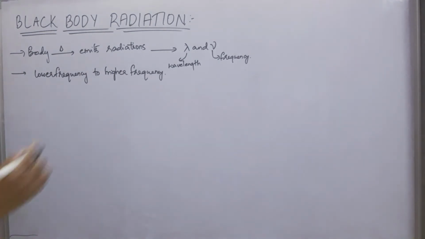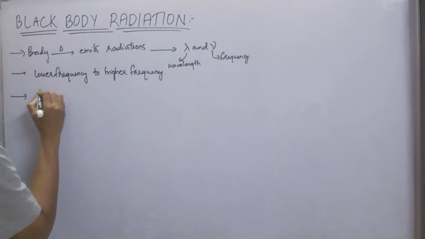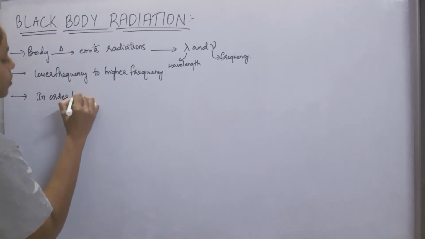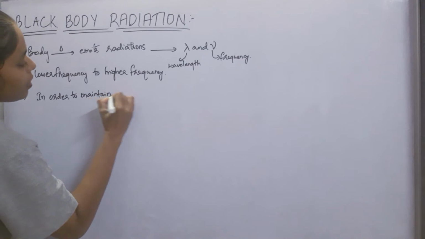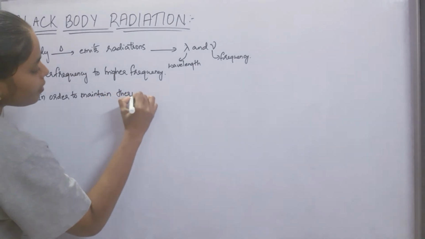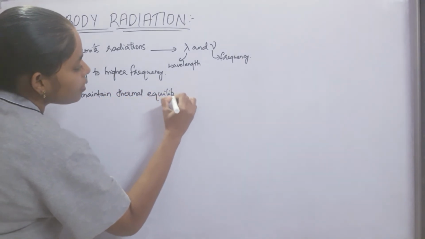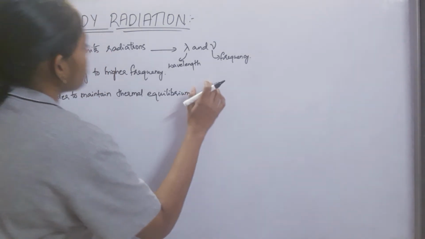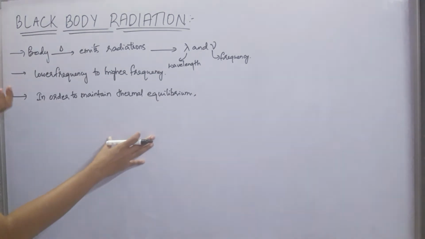So now the next is, this body, in order to maintain thermal stability, or you can say thermal equilibrium, so here they are emitting. So in order to maintain equilibrium, they need to even absorb the radiations.